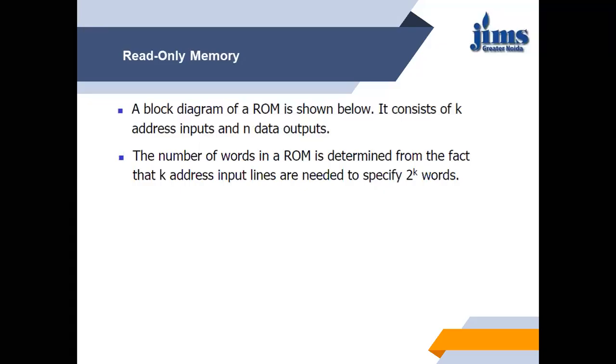It consists of k address inputs and n data outputs. The number of words in a ROM is determined from the fact that k address input lines are needed to specify 2 raised to the power k words. The decoder has k inputs, and its outputs are 2 raised to the power k. Each output is known as a word.